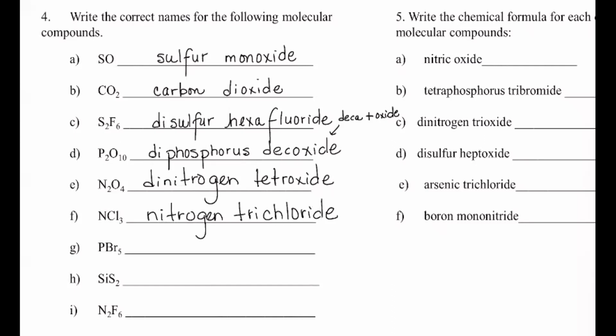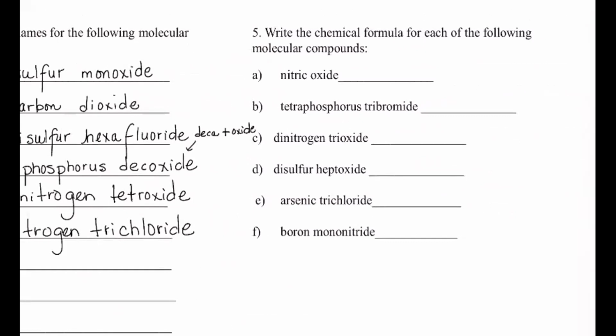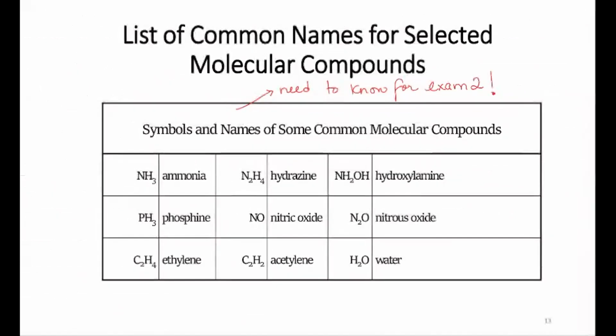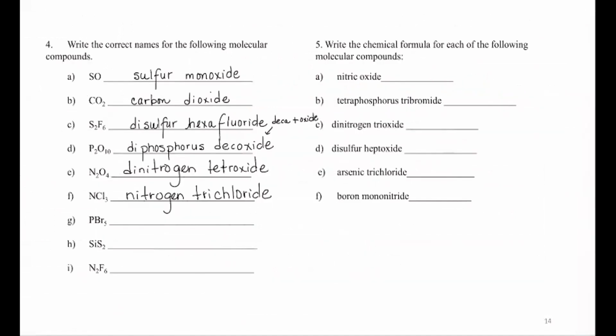Now, when it comes to how to write the chemical formula for molecular compounds, you have to make sure that, again, you look at this table to know at least the common names of things. If not, the name will tell you what subscript you're going to use. And please do not reduce the subscripts.